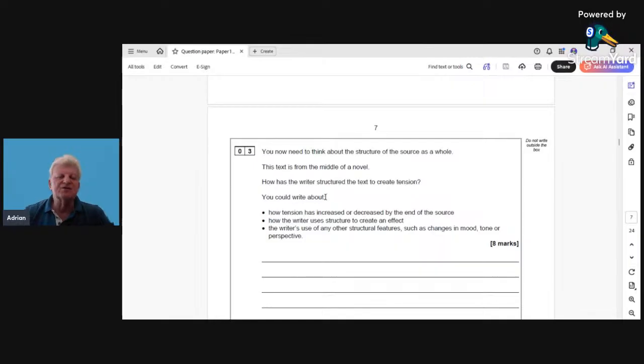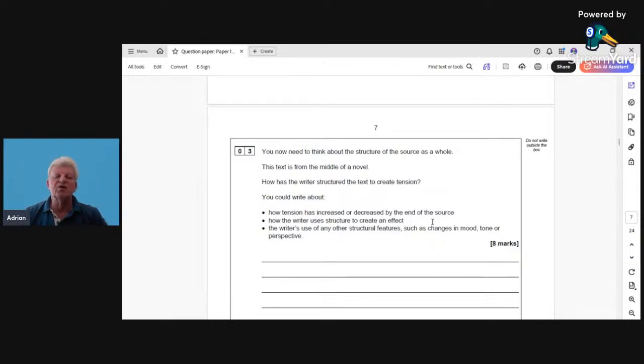So it gives advice again. You could write about how tension has increased or decreased by the end of the source. So that is like a current theme that you are looking at, tension, which is good. It makes you focus on those things. And then it says how the writer uses structure to create an effect. Now, structure is not about using lots of quotations.